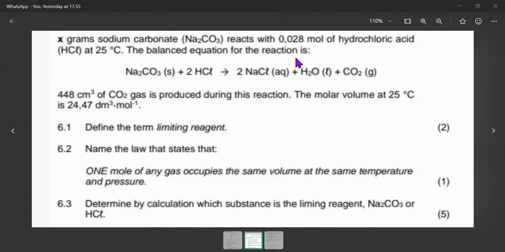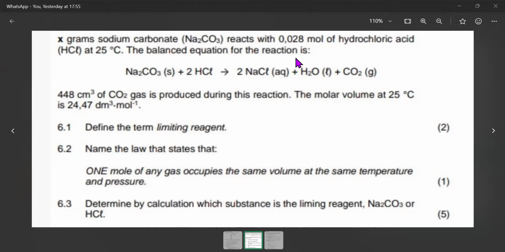Yes, Sam. So here they say X grams of sodium carbonate reacts with 0.028 moles of hydrochloric acid at standard temperature, 25 degrees Celsius. The balanced equation for the reaction is given as follows.